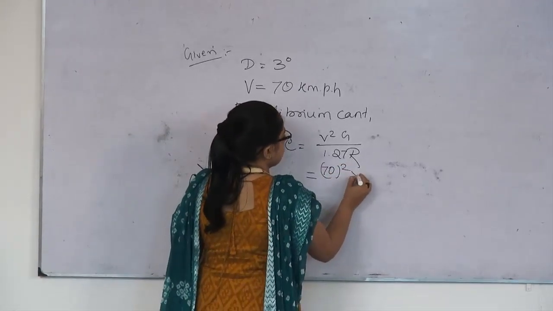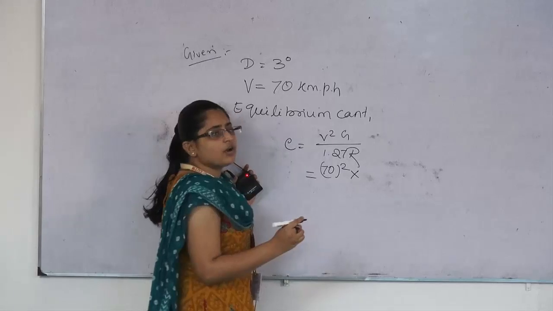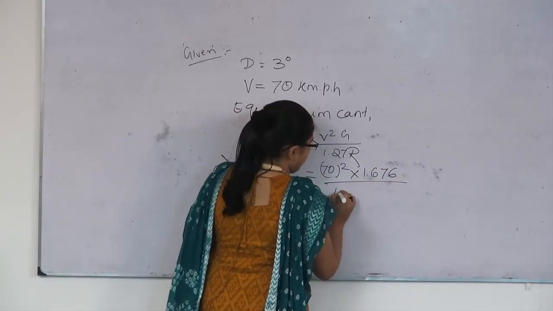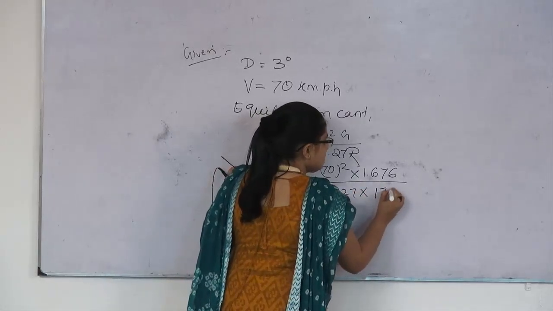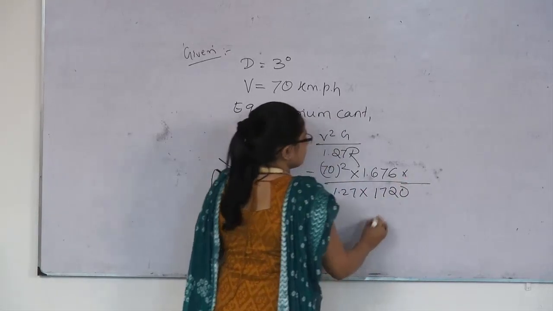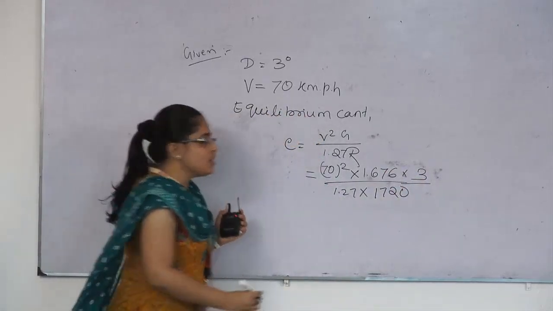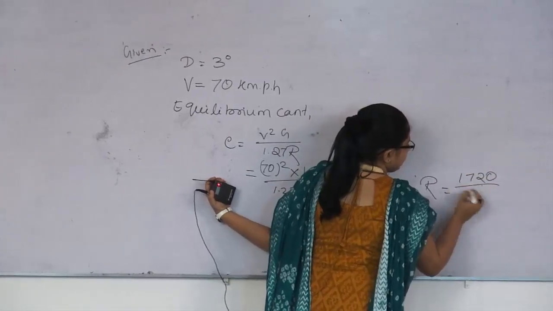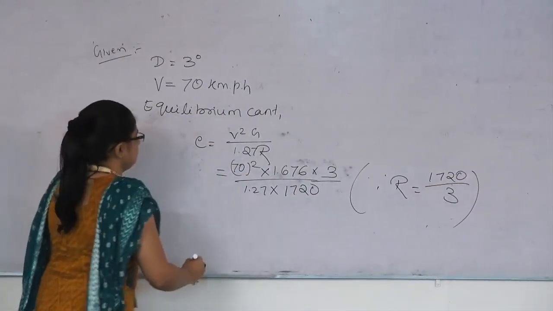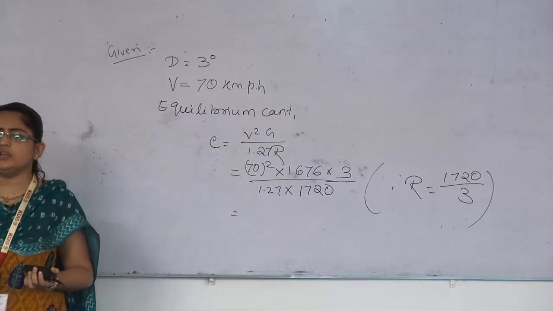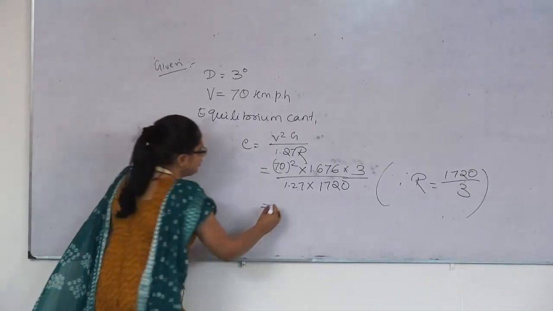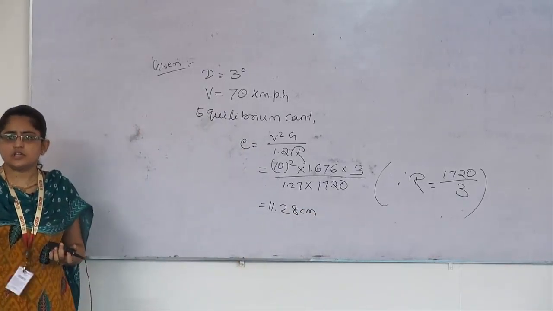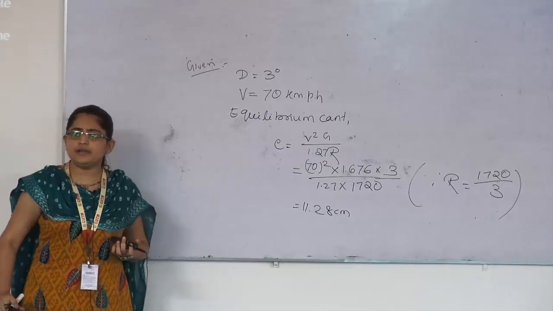Why 70 square into gauge? How much for broad gauge? 1.676 by 1.27 into 1720 by 3. You can do now because R is 1720 by 3. How much? 11.28 cm. It's clear? 11.28 cm.